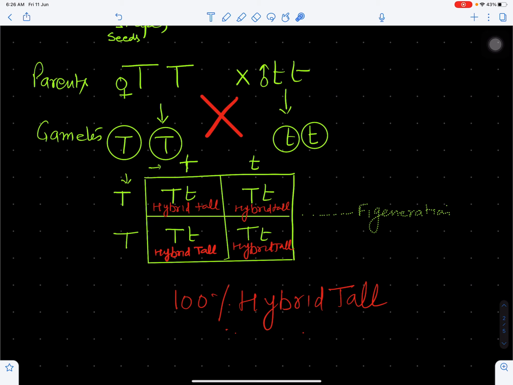So 100% of the first filial generation, the F1 generation, will be tall, but they are hybrid and heterozygous in nature.